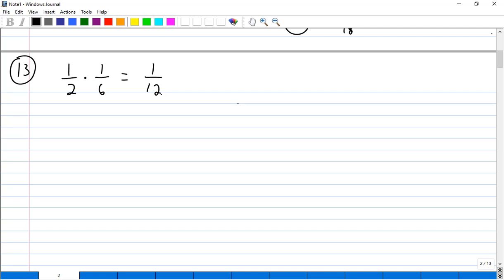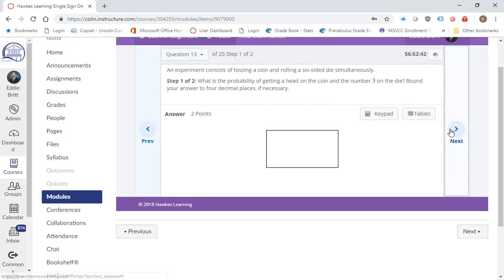That's step 1. Let's see, step 2. What is the probability of getting a tail on a coin and at least a 2? So what does at least a 2 mean? That means a 2, a 3, a 4, a 5, or a 6. So that's 5 out of 6 chance for that.